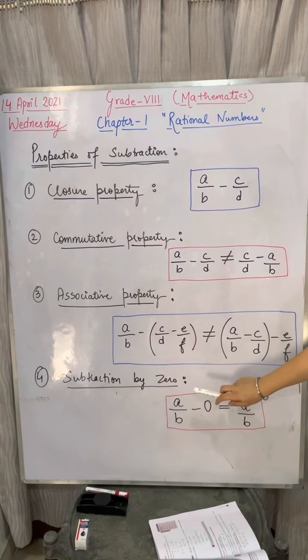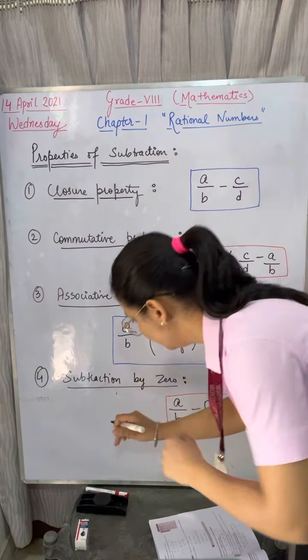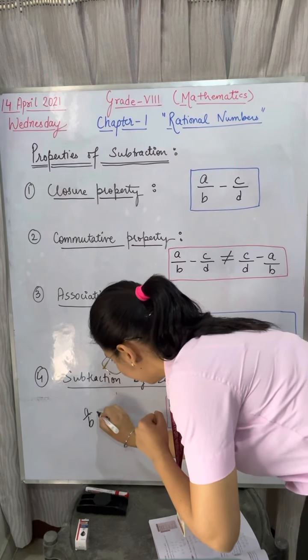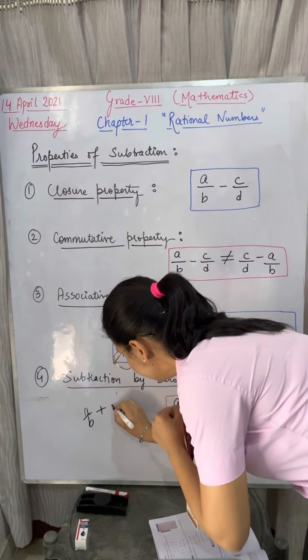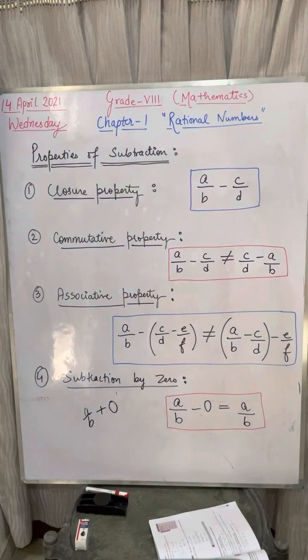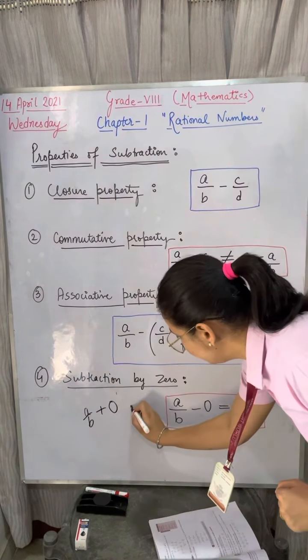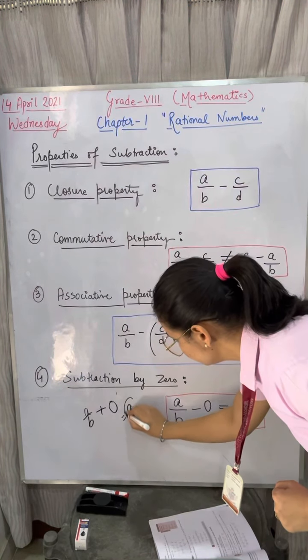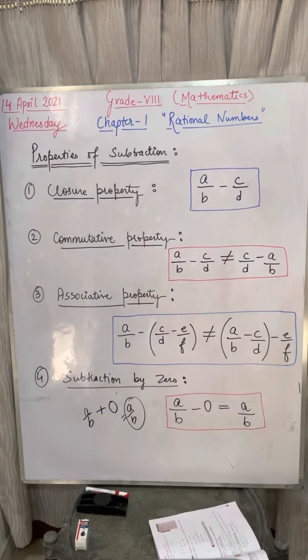Next is the subtraction property by zero. In the addition case, I have told you that if I add 0 to a upon b, my answer will be a upon b, that rational number.